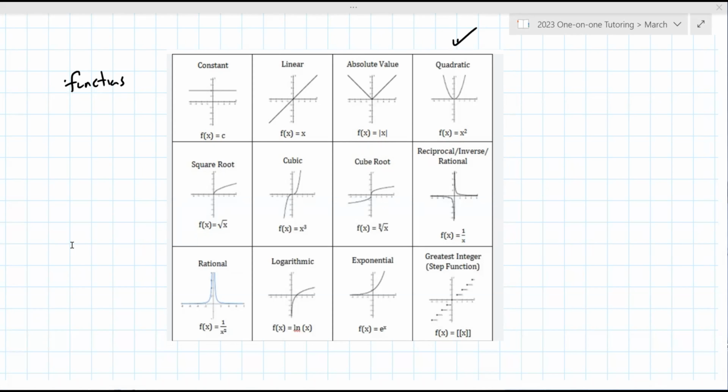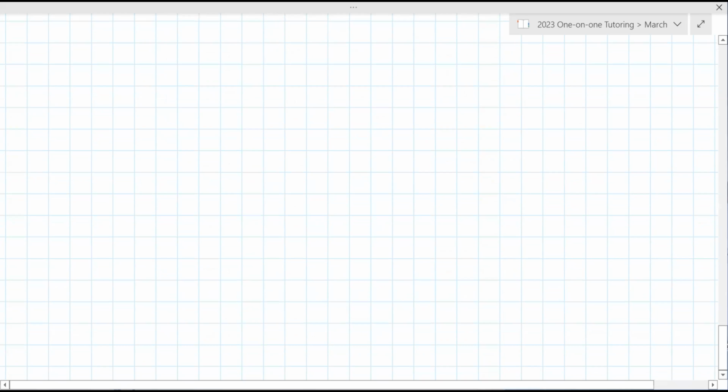I'm seeing some rational, I think, and, I'm sorry, say that one more time. What are you seeing? Yeah, I've seen irrational, I think, and logarithmic for sure, and exponential. All right. So let's do a few more of these.